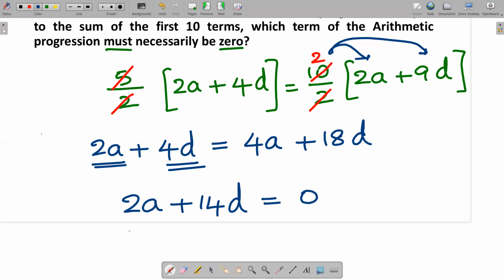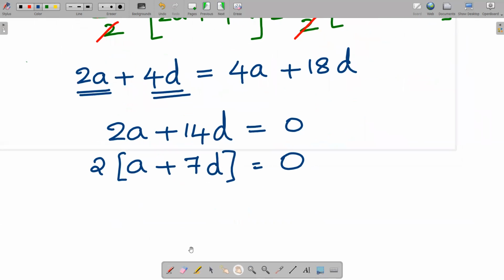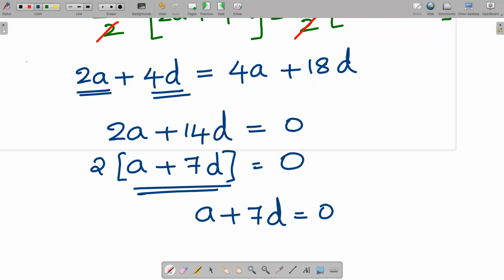I can pull out the common factor 2 here: 2 into (a plus 7d) equal to 0. From this, I can conclude that 2 cannot be 0. If the product of 2 terms is equal to 0, one of them must be 0. So a plus 7d is equal to 0.